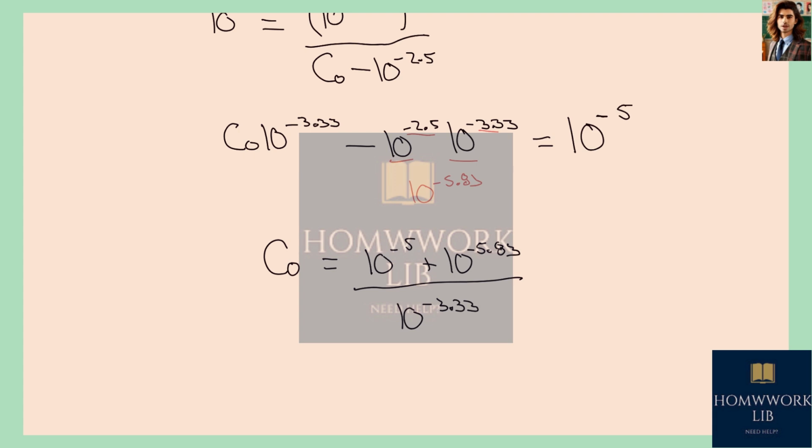Plugging in all of those values gives us an initial concentration of 0.0245 molar, which is approximately 2.5 times 10 to the minus 2 molar concentration of HNO2 in aqueous solution. And that will be all.